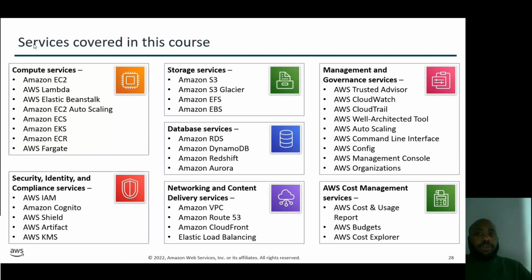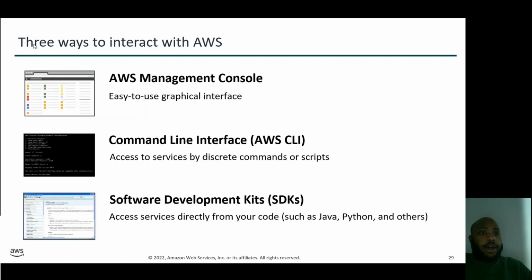Then management and governance services will have Trusted Advisor, which will advise us on the best way to do something. We also have CloudWatch, CloudTrail, auto scaling groups, command line interfaces, and a bunch more. So the management console, we're going to look at all of those different things.